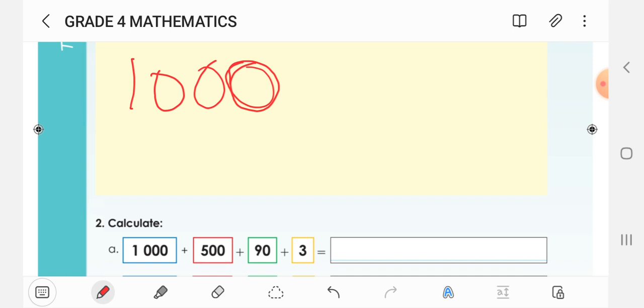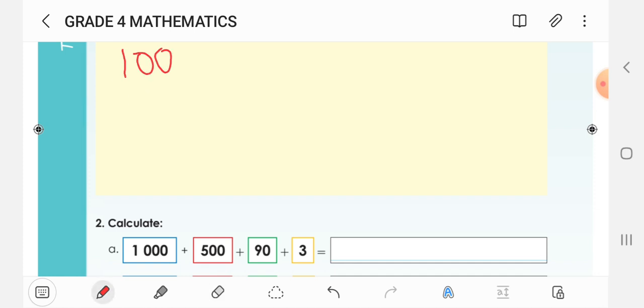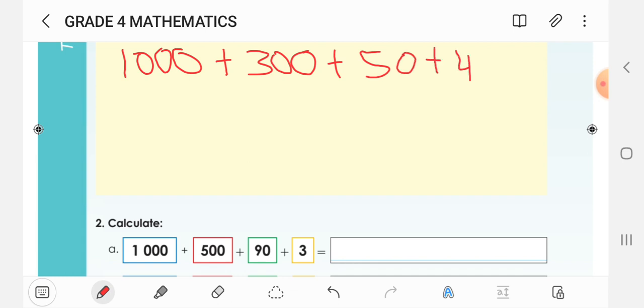So let's say we have 1,000 plus 300 plus 50 plus 4. So this is 1,000, this is 300, this is 50, and this is 4. So we have our units here, our tens, our hundreds, and our thousands here.